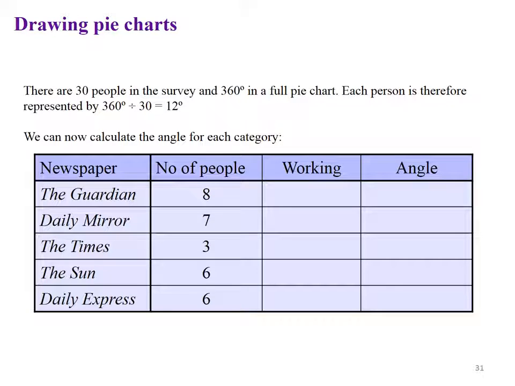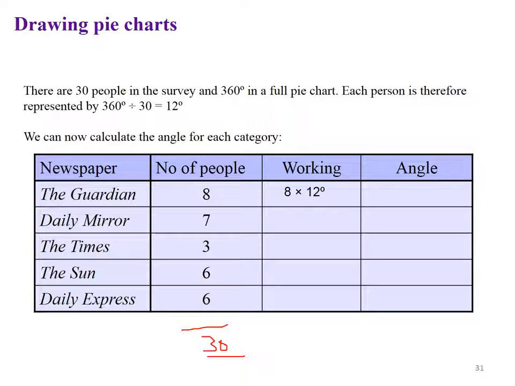So for the Guardian, 8 people. If you calculate the total values, the total is equal to 30. The total is 360 degrees, so 360 divided by 30 is equal to 12 degrees.